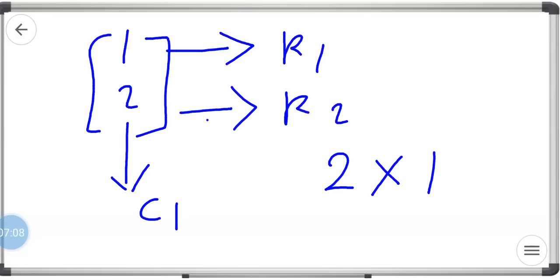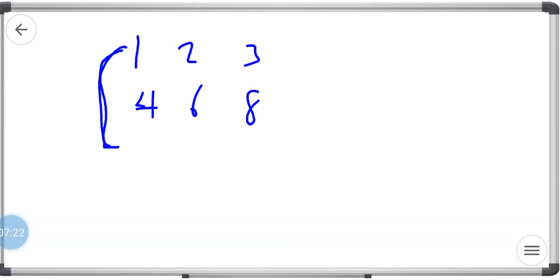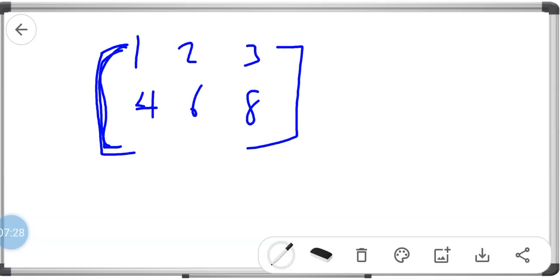Let's consider one more question under order of matrix. If we should have 1, 2, 3, 4, 6, 8, and we want to get the order of this matrix. For this, let me just rub here.